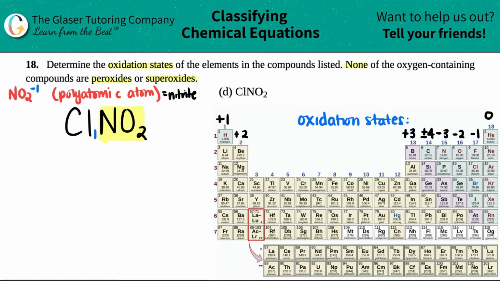There's 1 chlorine, and this is why you have to know your polyatomics, because since the 2 is included in the whole polyatomic, I know that I have only 1 nitrite. I don't have 2 NOs, right? This 2 only goes to the oxygen anyway. So I have 1 whole nitrite, and those are your 2 subscripts that you're going to crisscross up.